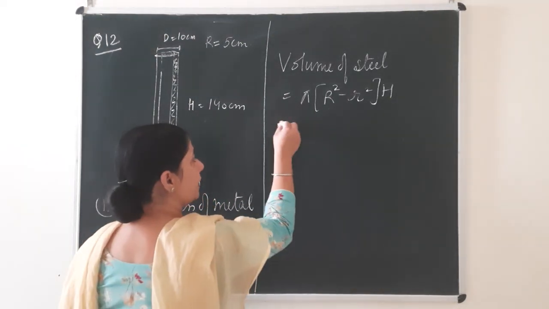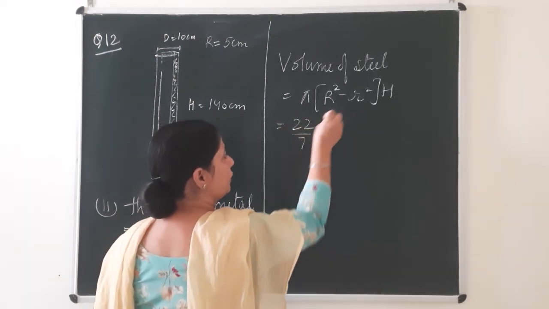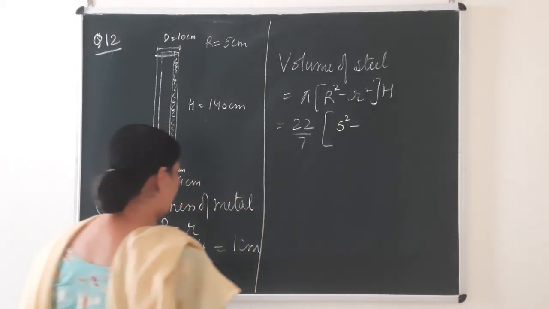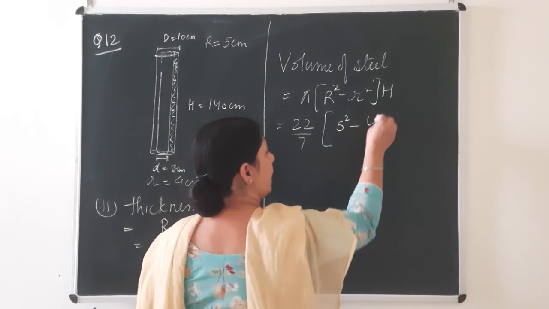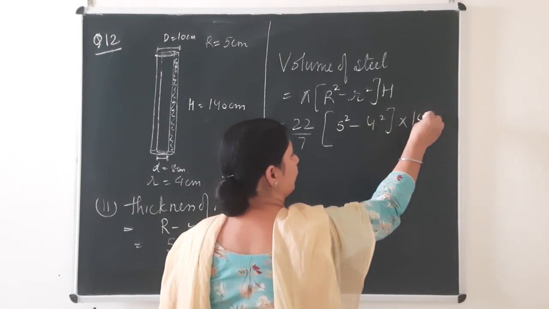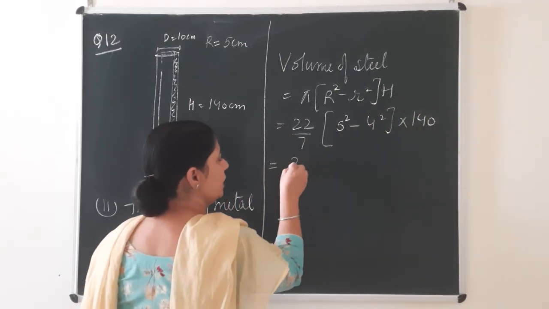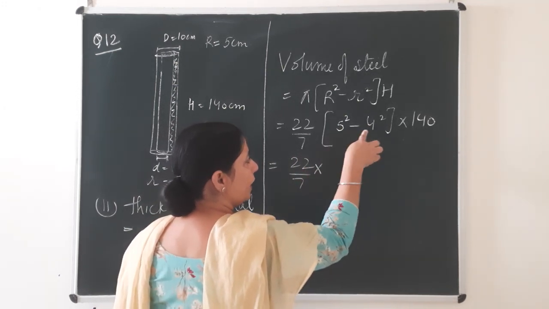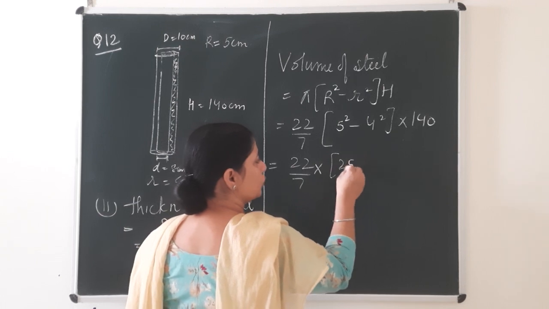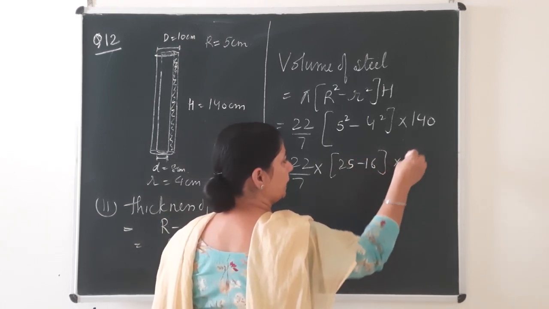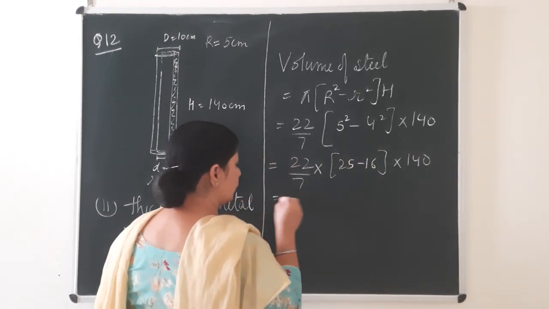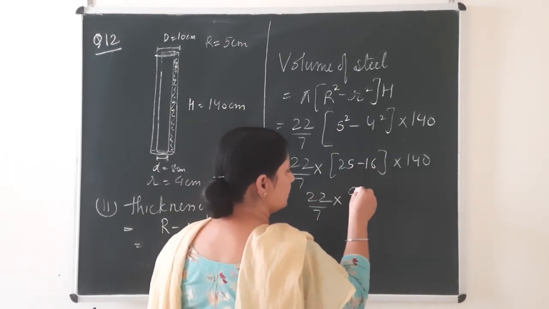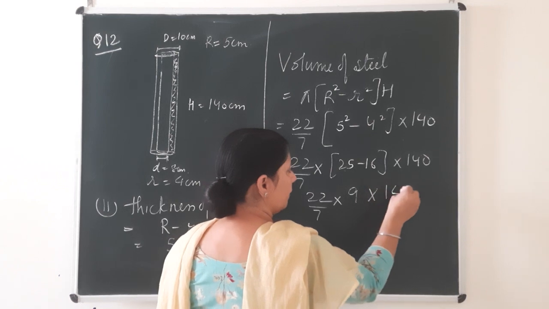So let us put the values now. Pi is equal to 22 by 7, capital R is equal to 5, small r is equal to 4, h is equal to 140. So you see 22 by 7 multiplied by 5 square, which is 25, and 4 square, which is 16. So 25 minus 16 multiplied by 140, that is equal to, beta, 22 by 7 multiplied by 25 minus 16 is 9, multiplied by 140.